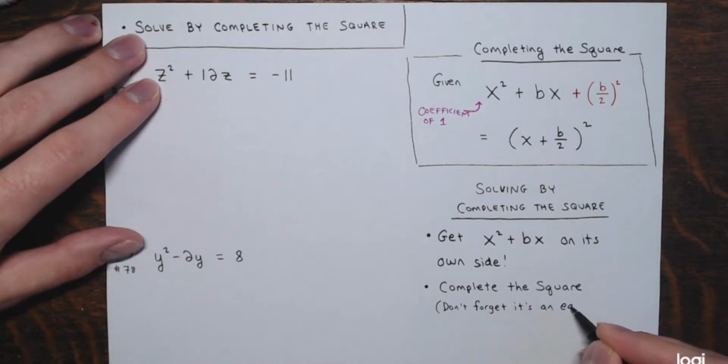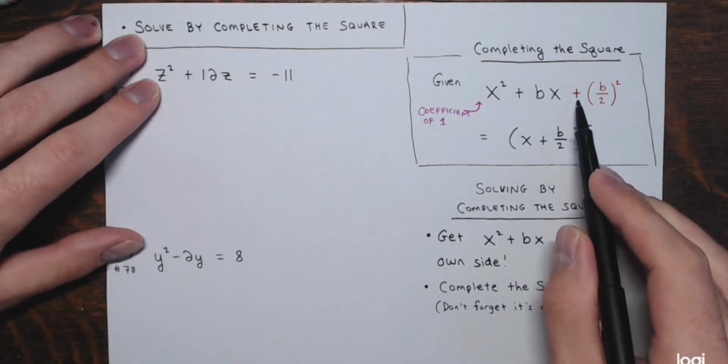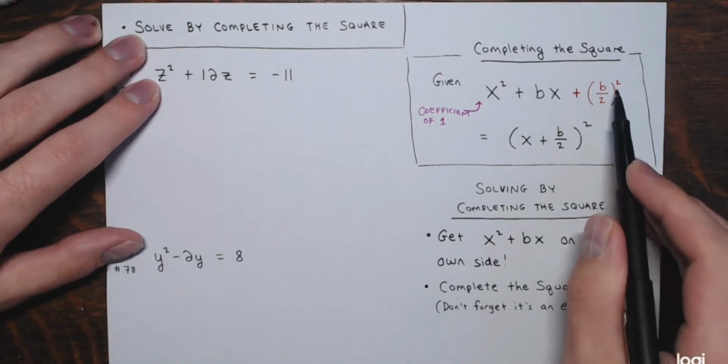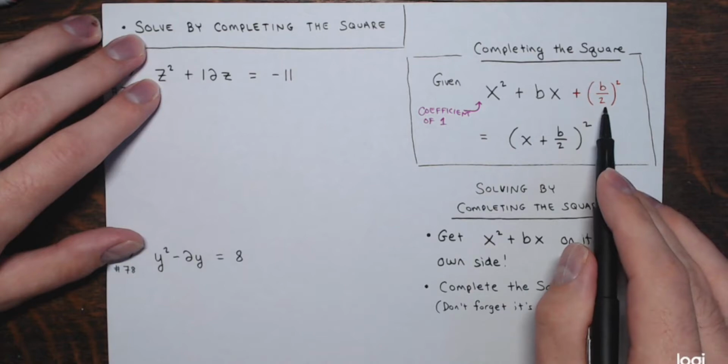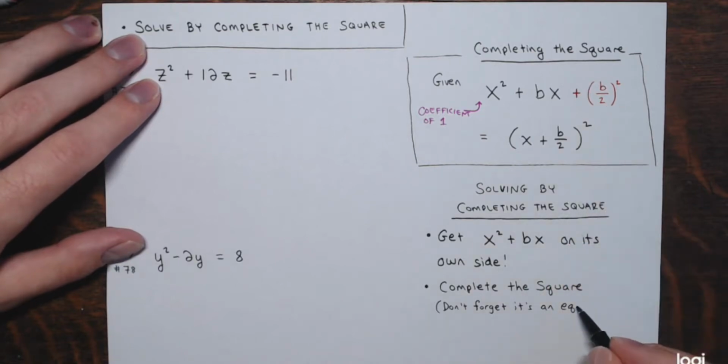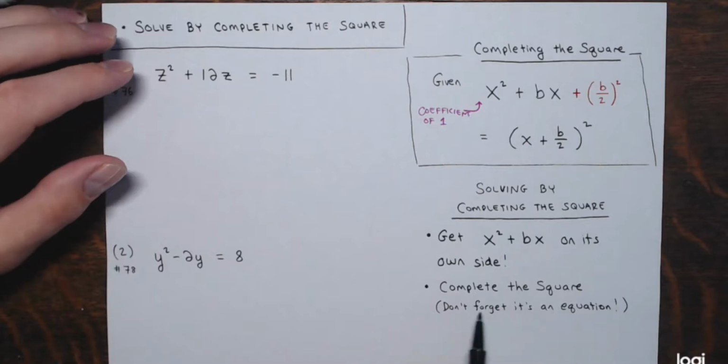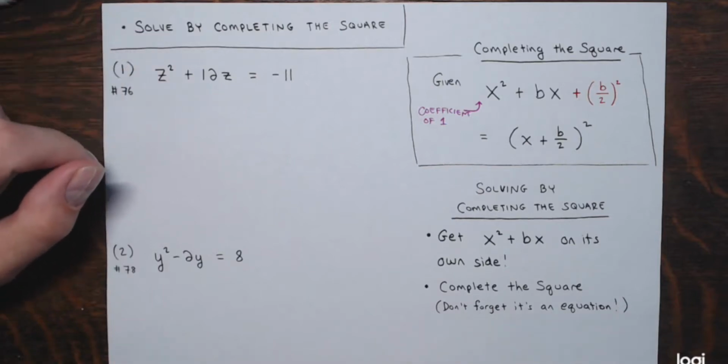Meaning, when you add this half of b squared to the side with this binomial, you must also add this to the other side of the equation. Because remember, you can't do something to one side of an equation and not the other. So complete the square, but don't forget it's an equation.